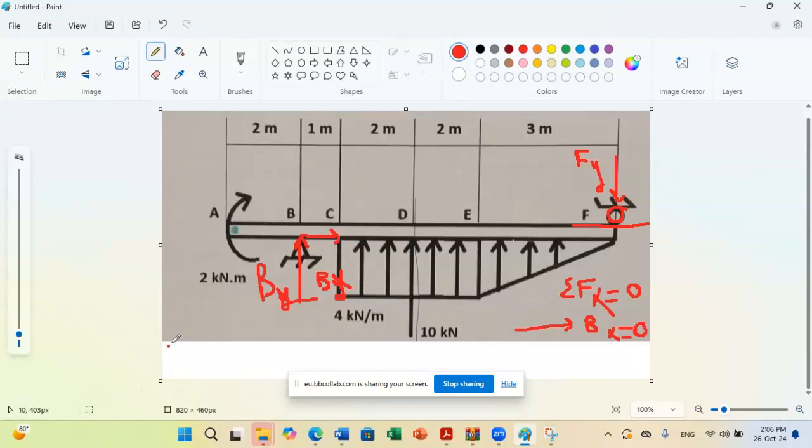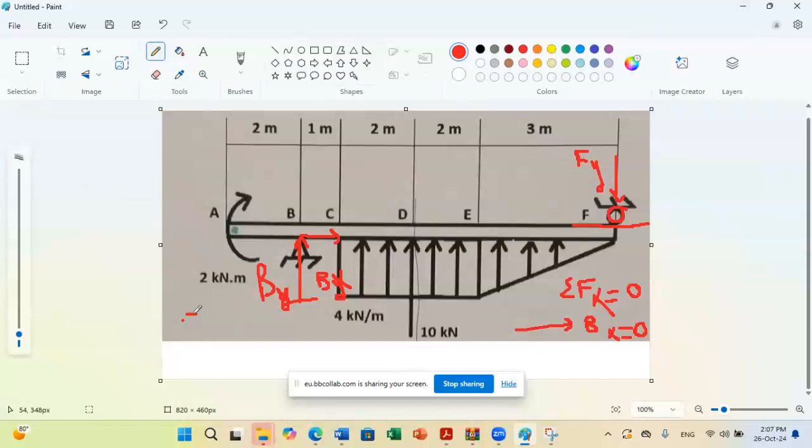Now, for the second equation, we can use several strategies to find By and Fy. You can apply one force equation and one moment equation, or two moment equations. Let us try together, and we can verify by using three equations.